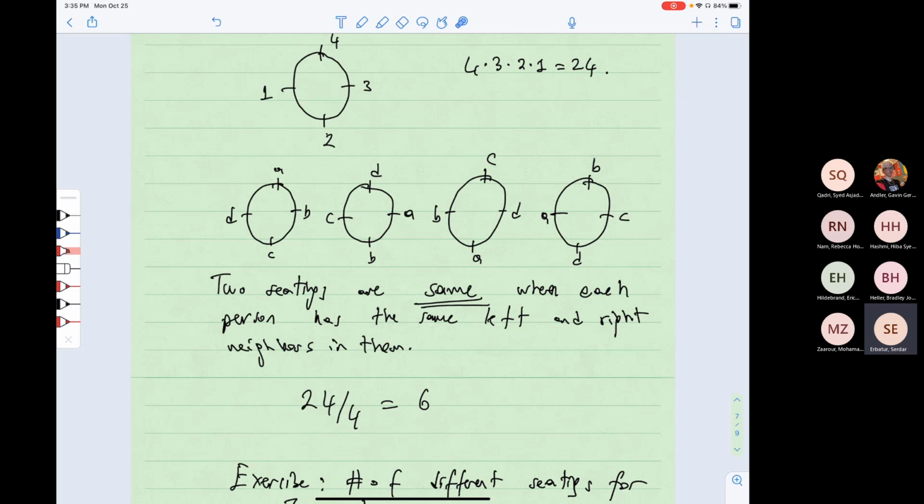So anyways, we are going to look at this more. Next time we are going to look at something called the pigeonhole principle.